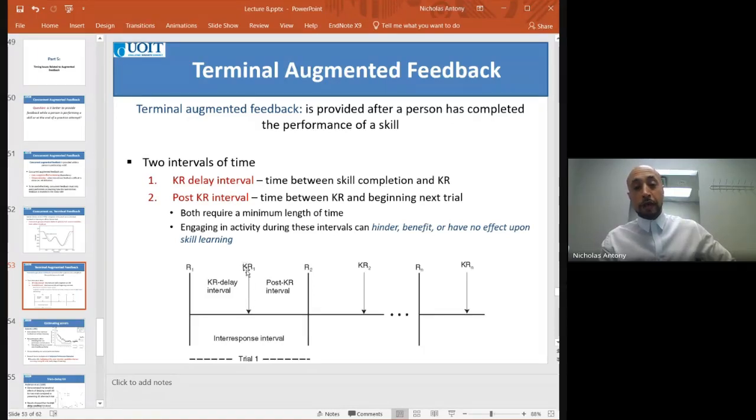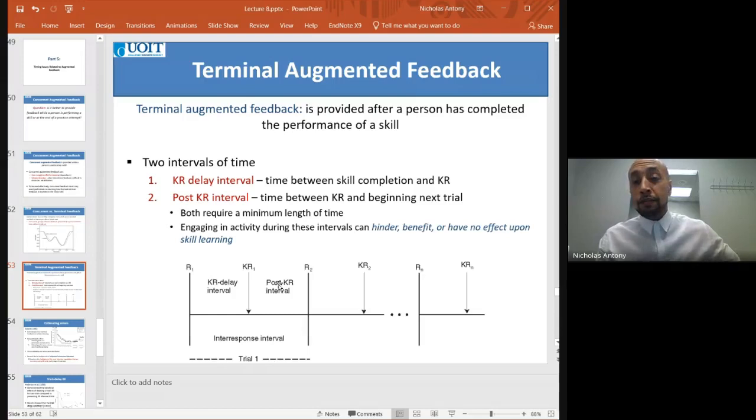So they're given feedback. This was a really interesting study because they do their practice, then they're given feedback, practice, feedback. Research defined it as the KR delay interval or the post KR interval.